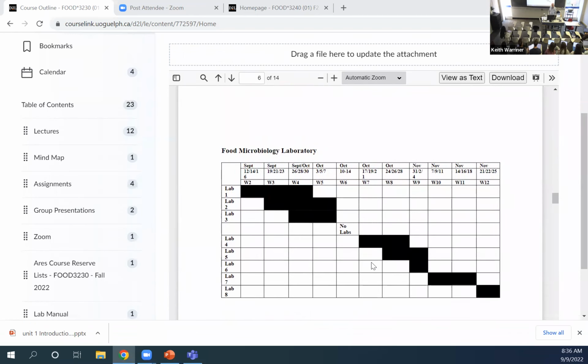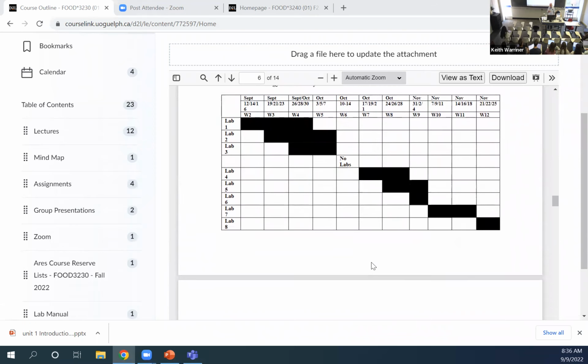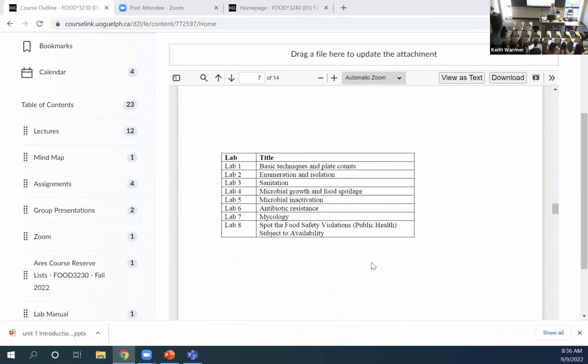All right, so again, 32:30, the lab schedule is, again, we do it the whole semester. We've got 8 labs in total. And with these labs, really it's not to do with writing reports and doing things like that. It's getting the experience.